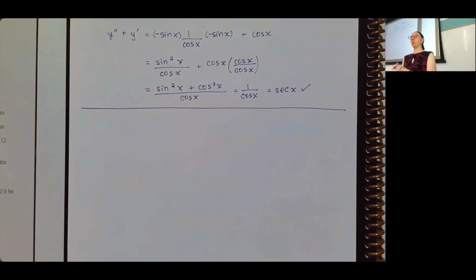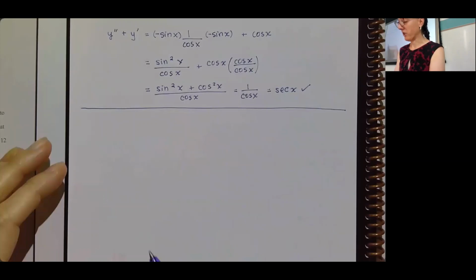As we develop our toolkit for how to deal with differential equations, we're going to have different techniques depending on the type of differential equation that we're looking at. And so in this part of the book, our textbook gives us a couple of vocabulary words for differential equations.